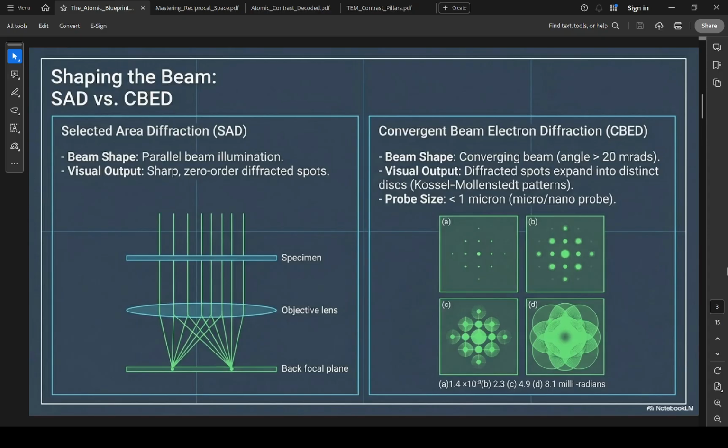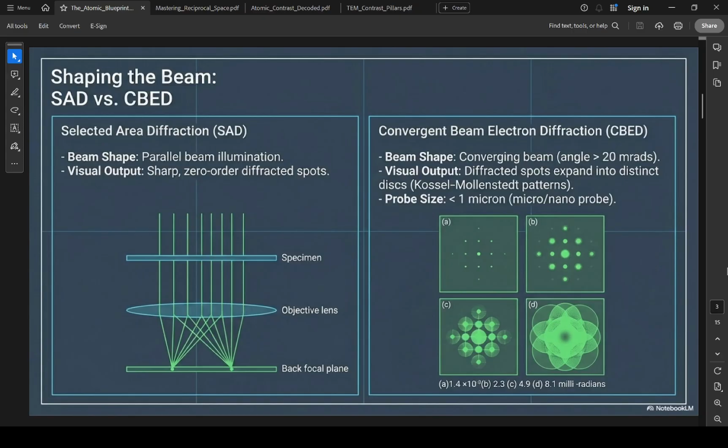Typically two types of diffraction are used. One is selected area electron diffraction, or SAD or SAED. Another is CBED, that is convergent beam electron diffraction. In selected area diffraction we use a parallel beam, which produces very sharp zero order diffracted spots.